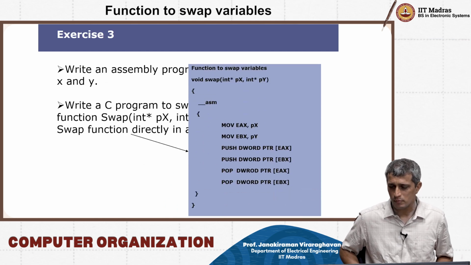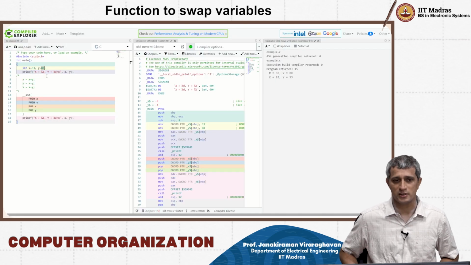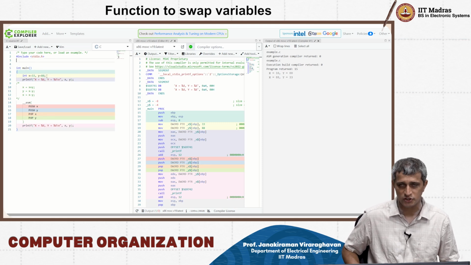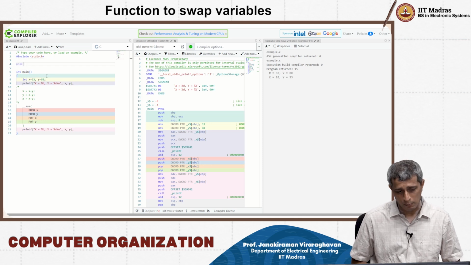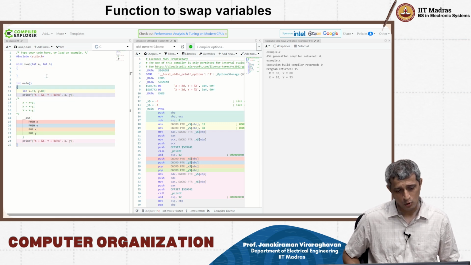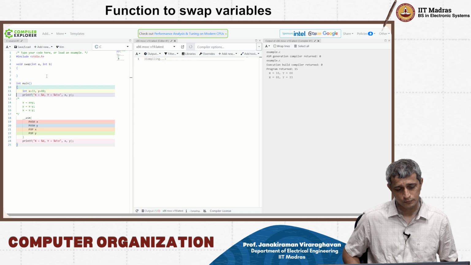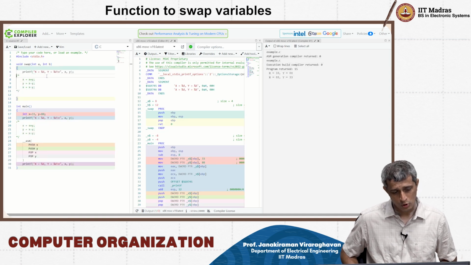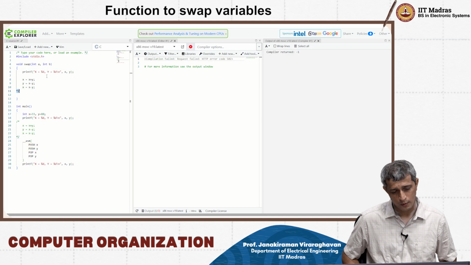The next program is slightly more interesting, and it's very important to first understand the C implementation itself, where I am trying to write a function to swap int a and int b.